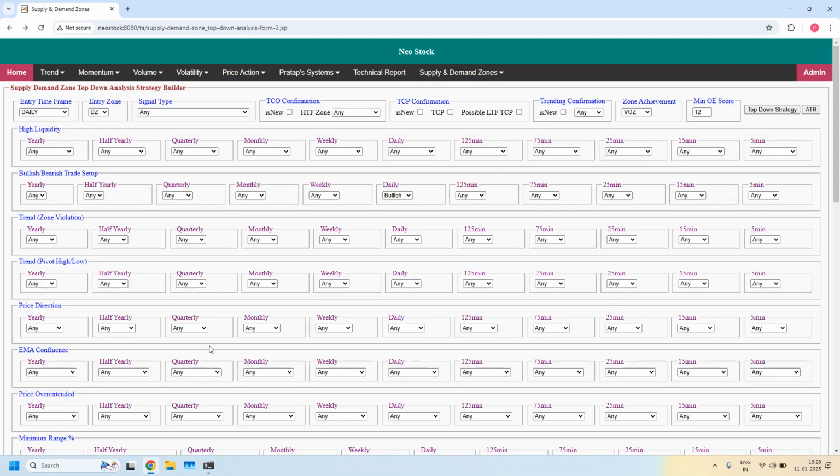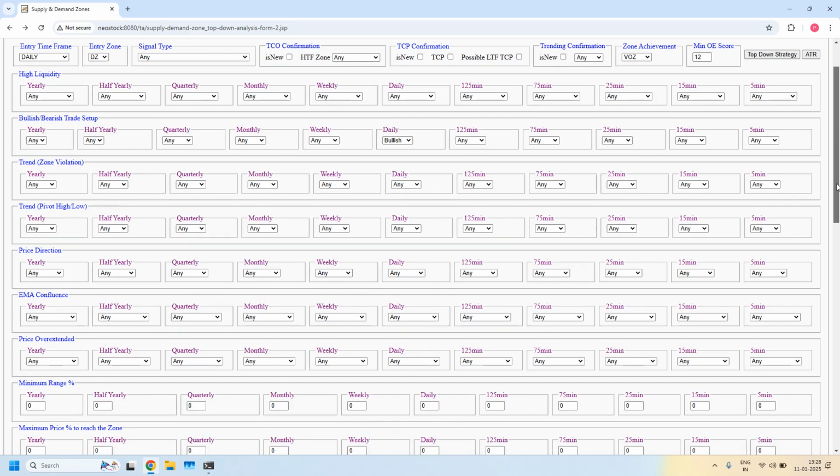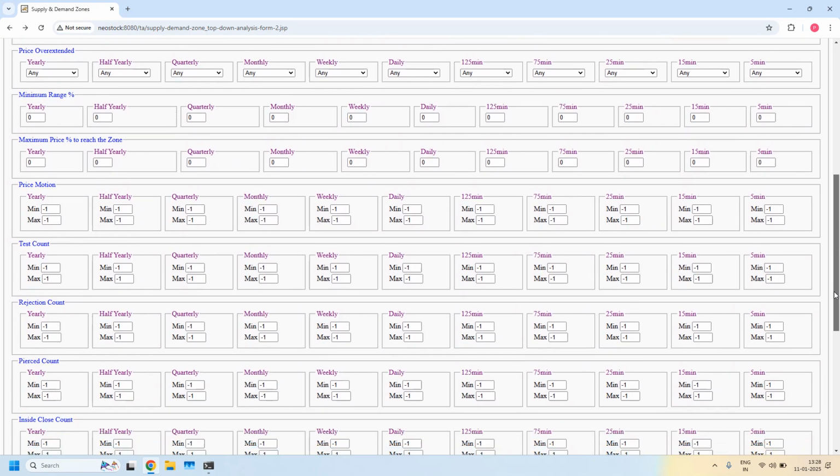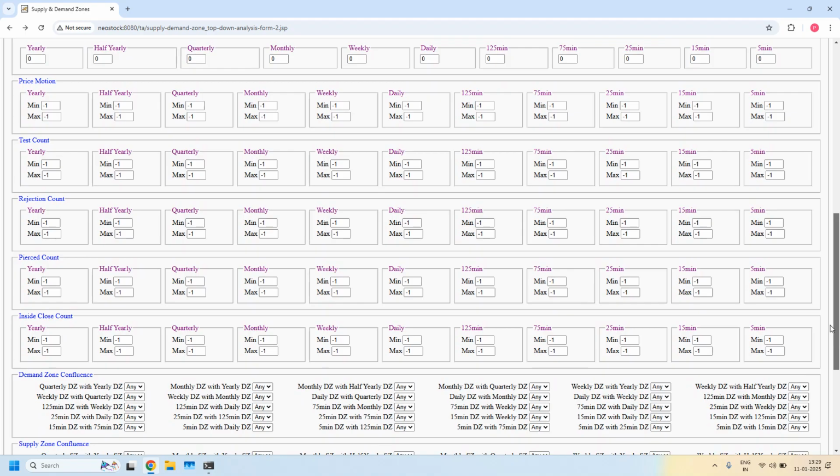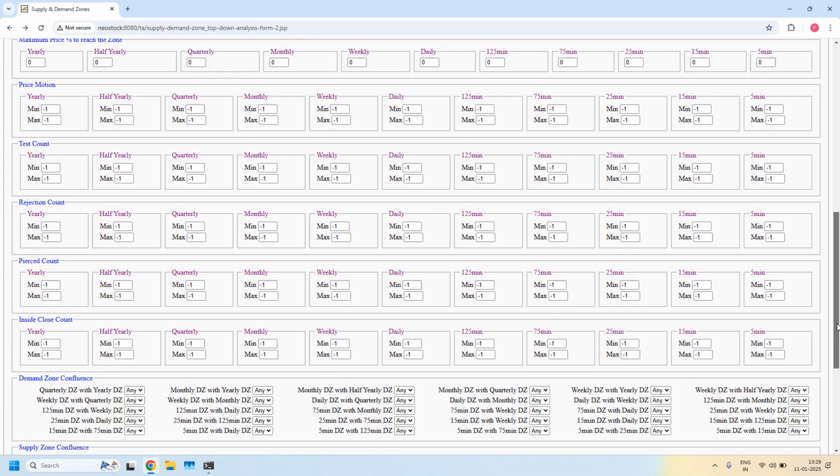The strategies you learned in zone confluence, the LTF and ITF strategy and the LTF, ITF, HTF confluence strategy, both we have to use. So first we are going to filter based on LTF and ITF demand zone confluence, and then further filter the 13 stocks.